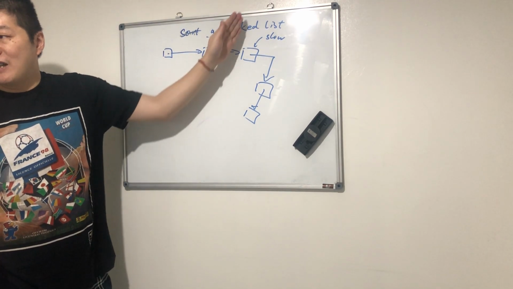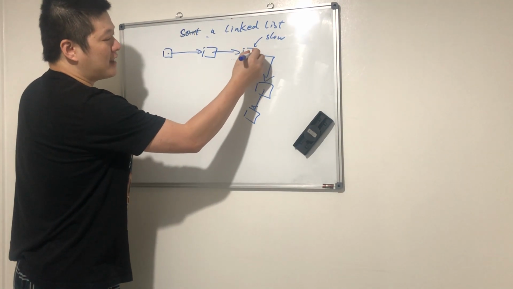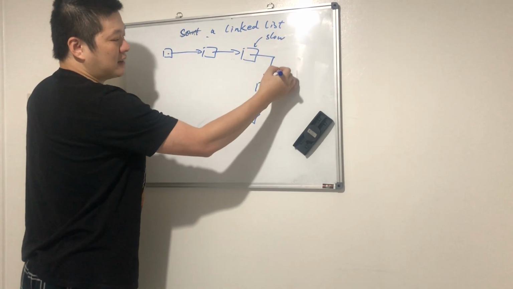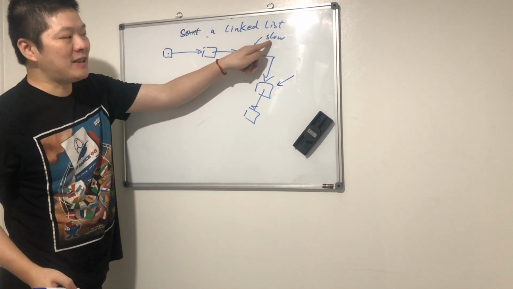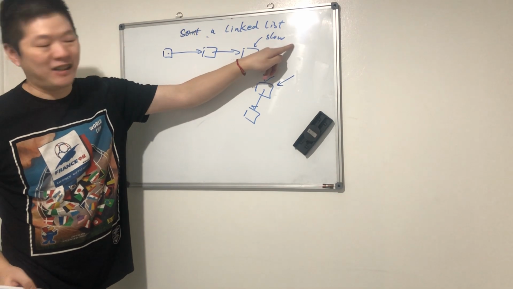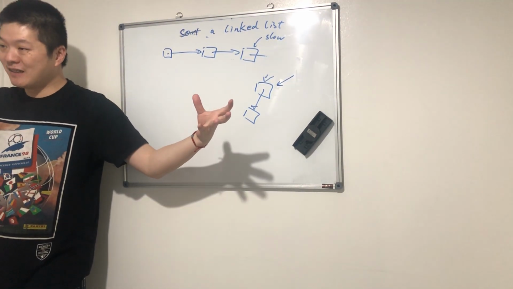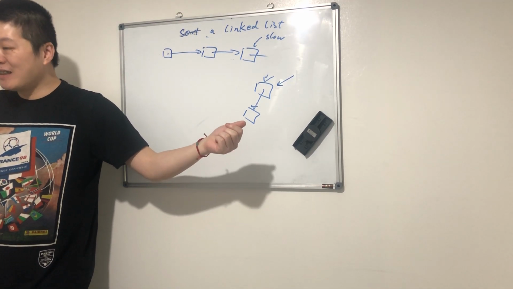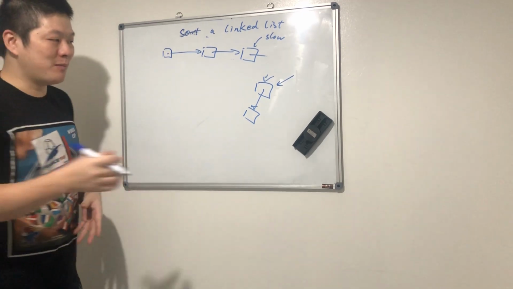So what we will do is return slow.next, this node, but we also set slow.next equals None. So we disconnect it, and it becomes two linked lists. Now once we have the two linked lists, we can sort them and then merge them.